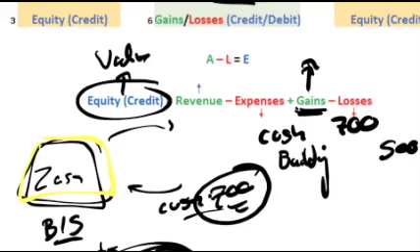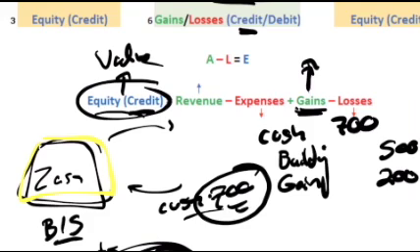So a gain should be represented by a credit entry because value in my company is represented as a credit entry. So I would book a gain as a credit for the difference, $200. That allows my entries, my left side and my right side, to match, and it's all good.